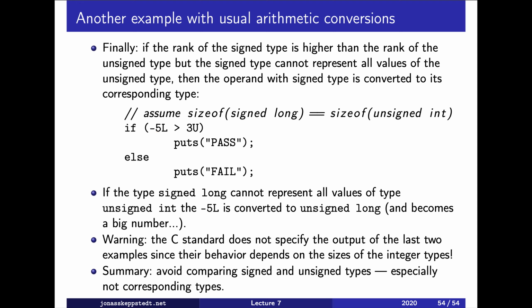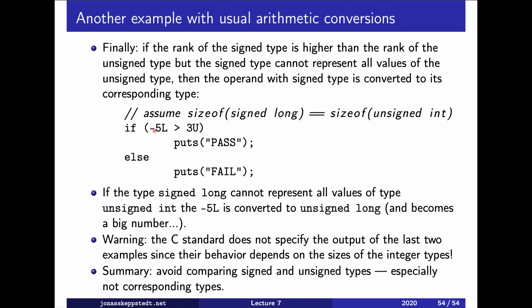So what happens then? Then the signed operand is converted to its corresponding unsigned type. So now this expression is converted to a type that is not even mentioned in the expression. And the type is, in this case, unsigned long.